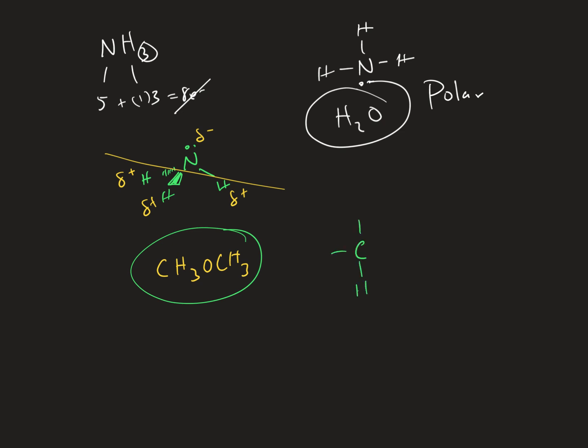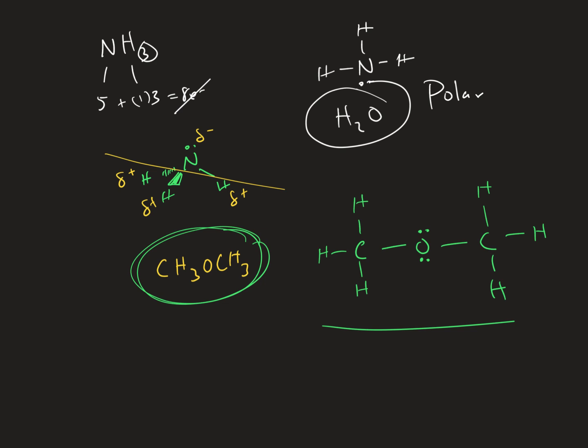We got 3 hydrogens. Then it's hooked to an oxygen, hooked to another carbon with 3 hydrogens. Do you see how that's written like this? Okay, for those organic molecules with a bunch of carbons, hydrogens, and whatever else, those are a little bit easier to draw the structure, but now we still have to count valence electrons, right? And if we do, we're going to have 2 more right there and there. Okay?